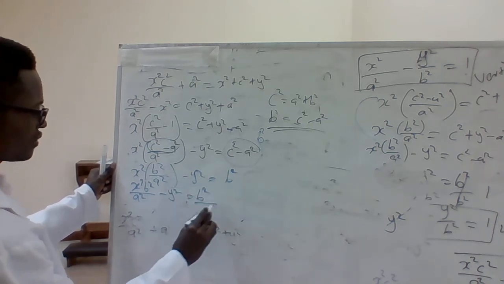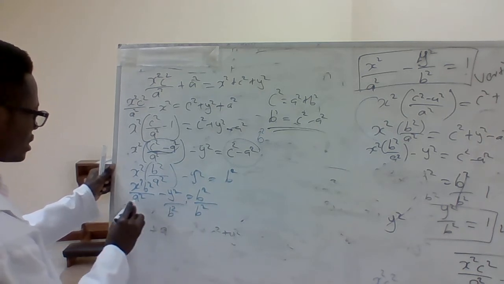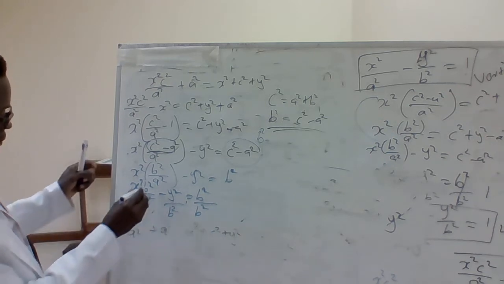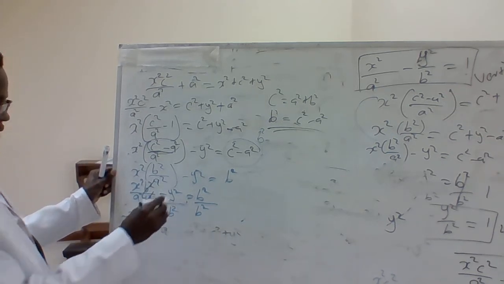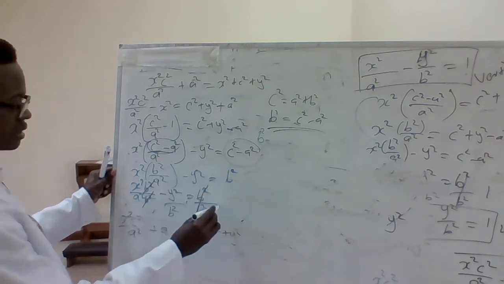We can actually divide all the terms by b squared in order to get rid of the b squared. So that b squared will go with b squared, we are left with y squared over b squared. This will divide to give us 1.